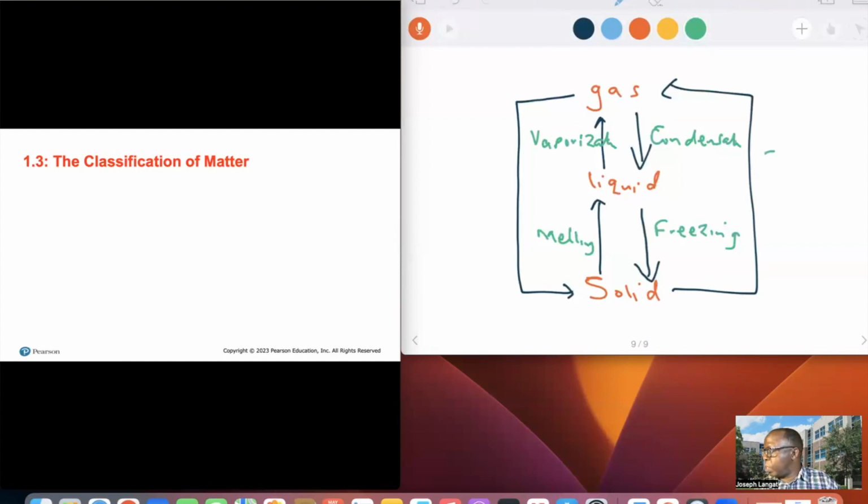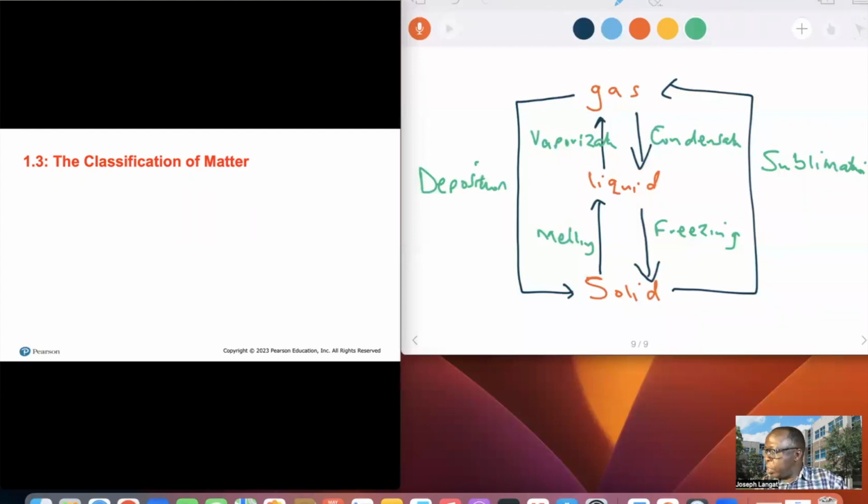We call this sublimation. Giving you a heads up on where we are going. And this is deposition: a change of state from gas to solid without going through the liquid state.